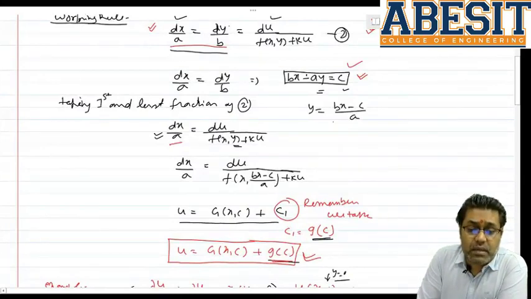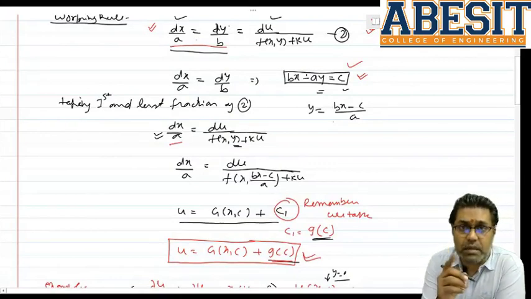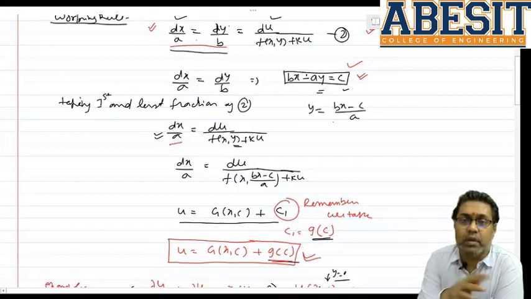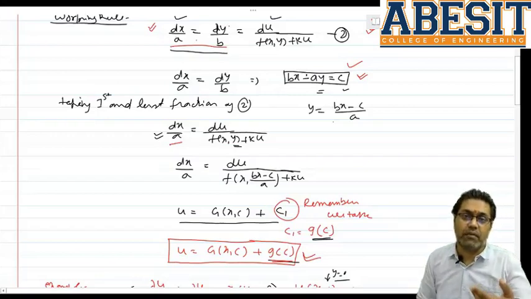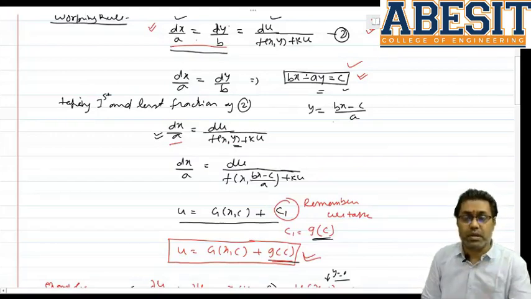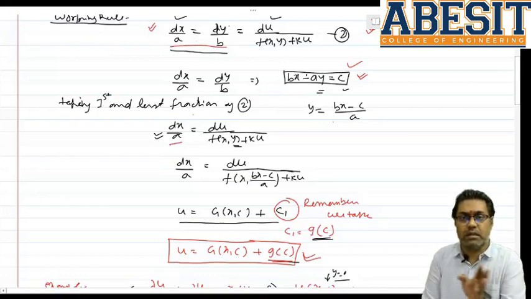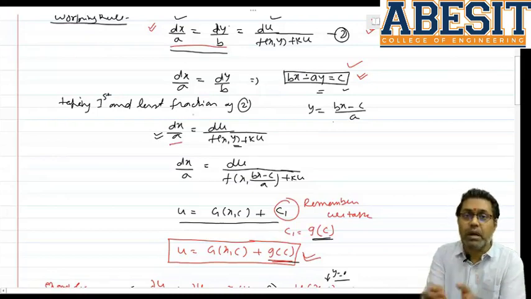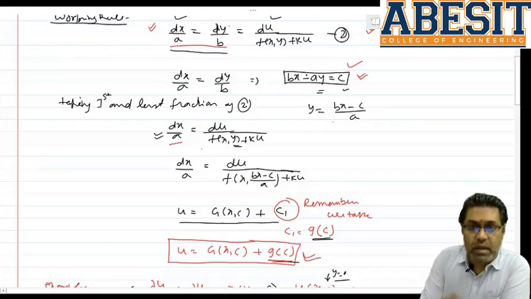First we take these two fractions and get one solution. As in Lagrange's method we have discussed, we find two independent solutions taking two different fractions. So here we take the first two fractions to get one solution, and for another solution we can take any two fractions, first and third, or second and third, whatever is easy for us, or according to whatever boundary conditions are given to us. So here I am just considering the first and third.